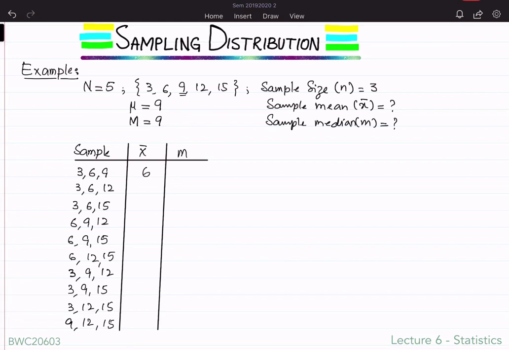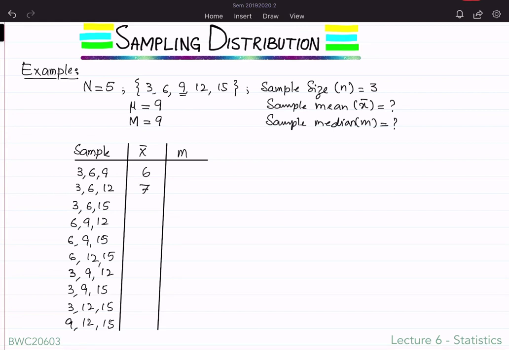Then 3 plus 6 plus 12 divided by 3 is 7.